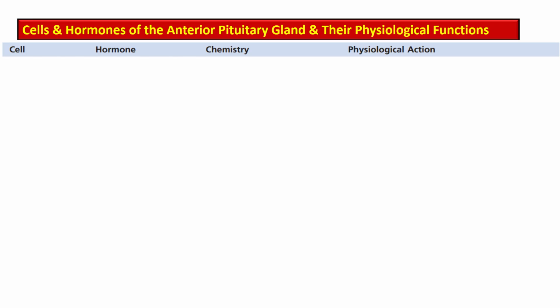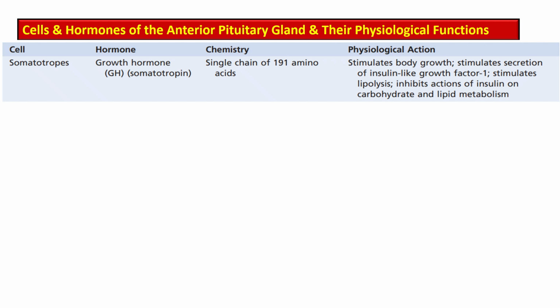The somatotropes secrete growth hormone or somatotropin, which is a single chain of 191 amino acids. It stimulates body growth, stimulates secretion of insulin-like growth factor 1, and also stimulates lipolysis, while inhibiting the action of insulin on carbohydrate and lipid metabolism.